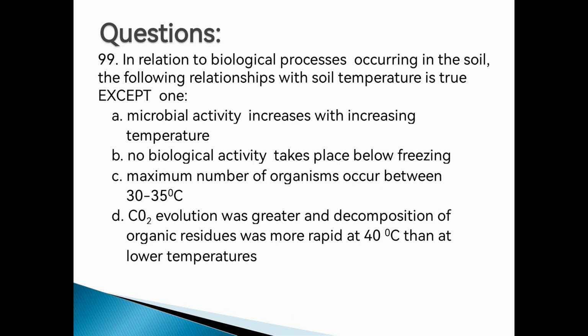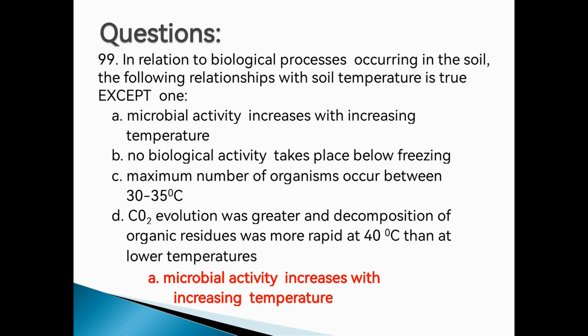C. Maximum number of organisms occur between 30 to 35 degrees Celsius. D. Carbon dioxide evolution was greater and the composition of organic residues was more rapid at 40 degrees Celsius than at lower temperatures. The correct answer is A. Microbial activity increases with increasing temperature.